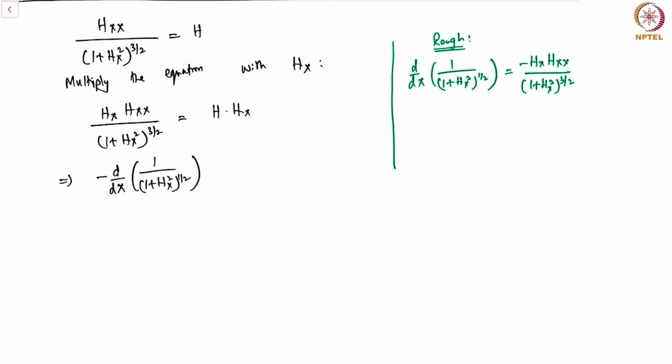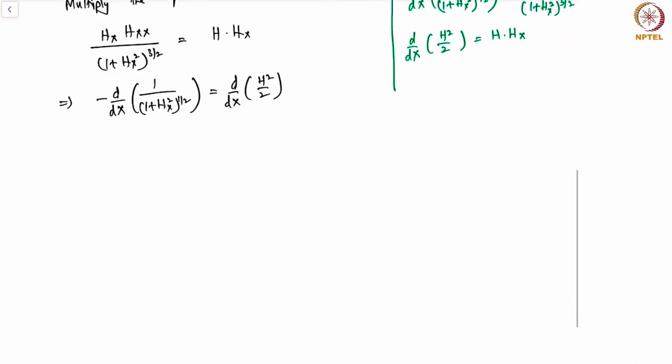That's the left hand side. What about the right hand side? D by dX of h square by 2 is exactly h times hx. So therefore this is d by d capital X of h square over 2. I can now integrate on both sides, and this gives me minus 1 by (1 plus hx square) whole power half is equal to h square by 2 plus an integration constant c.